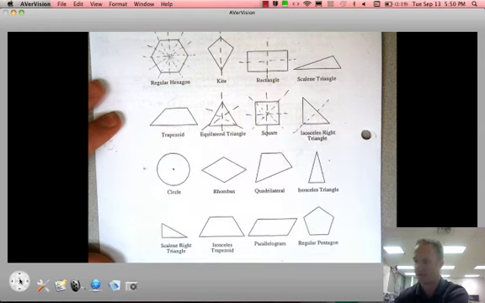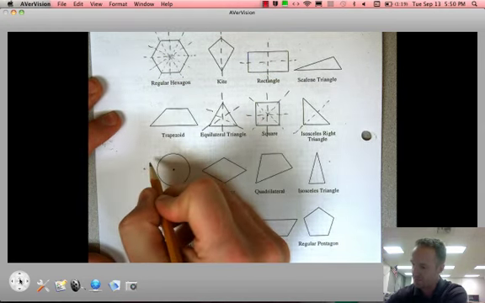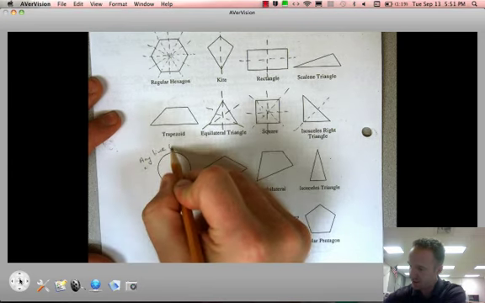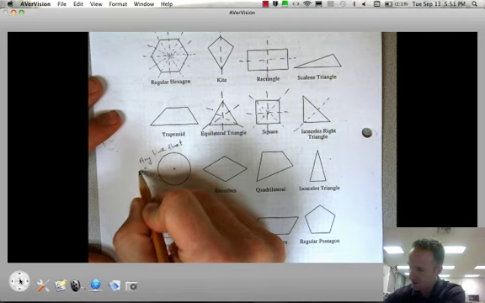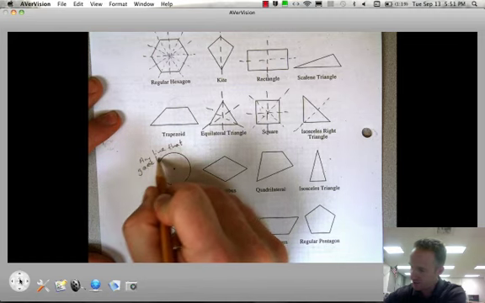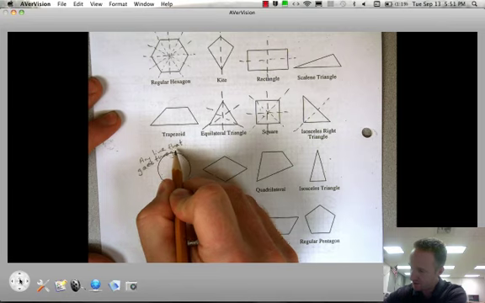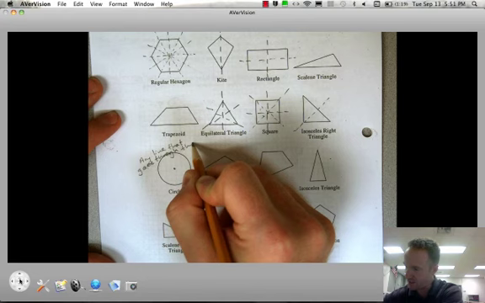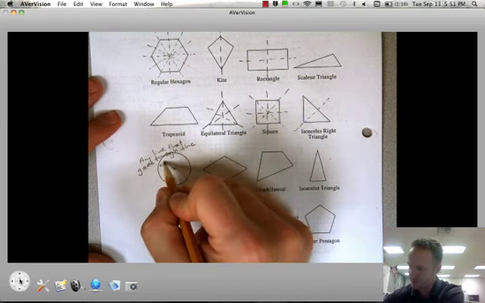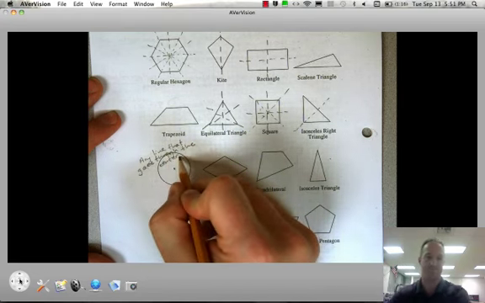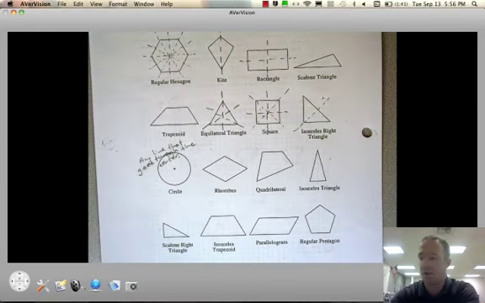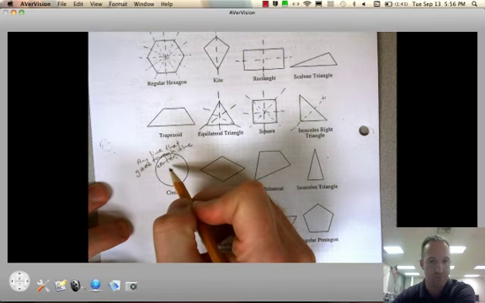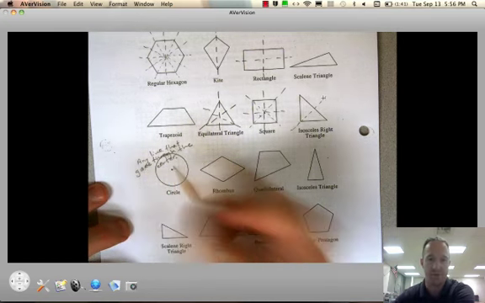Let's just leave it blank for now. Let's write any line that goes through the center. So again, make sure you write any line that goes through the center of the circle is a line of symmetry.